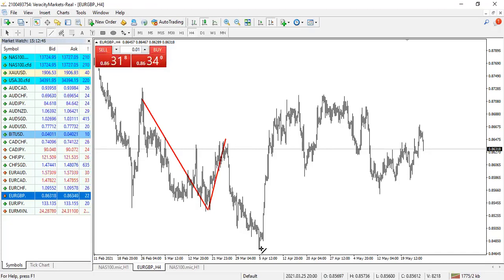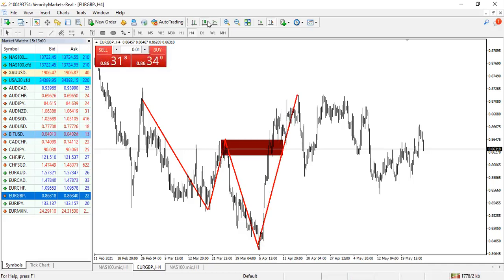Then we have our head. After the head, we had our low here. The low was broken. So after the low is broken, we focus on this head.